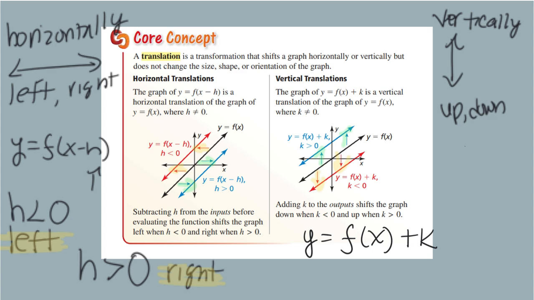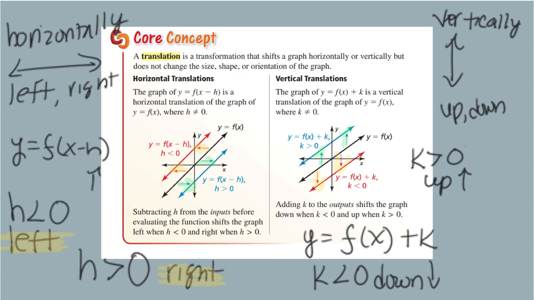Outputs are our y's, our inputs are x, domain and range. It's all relative. So when our k is less than 0, we're going to go down. When k is greater than 0, we're going to go up.